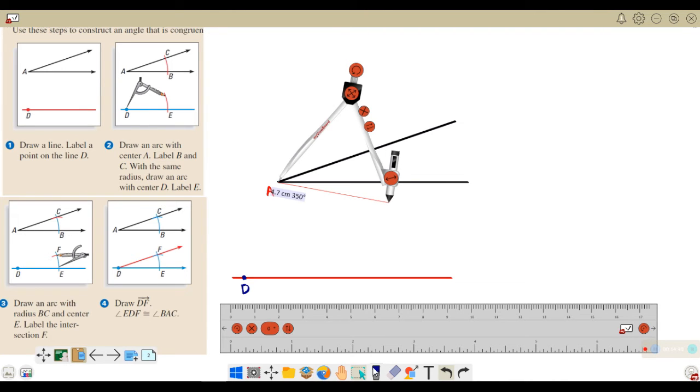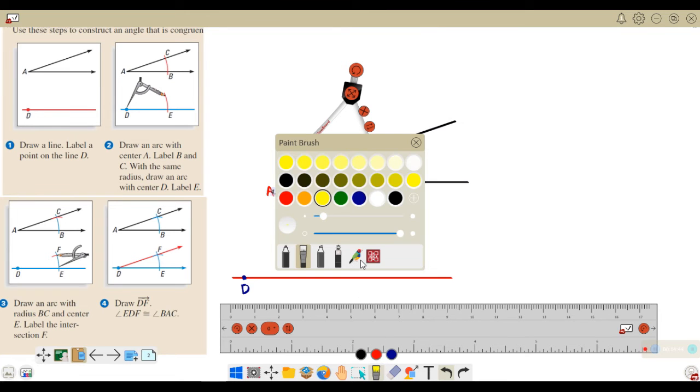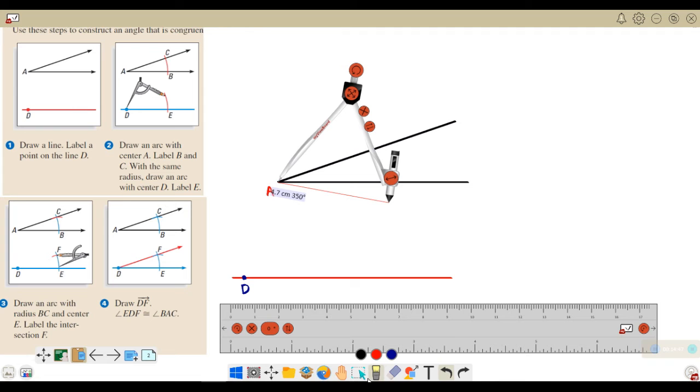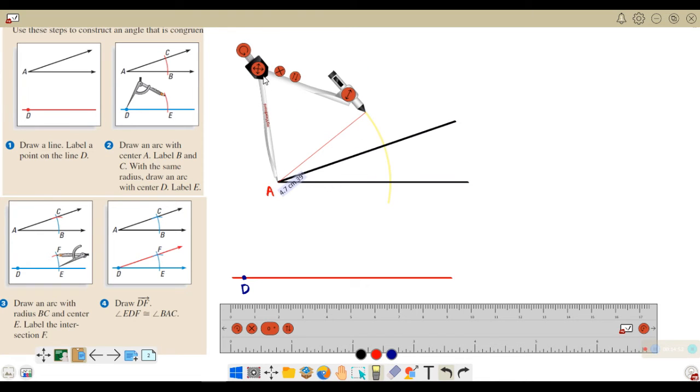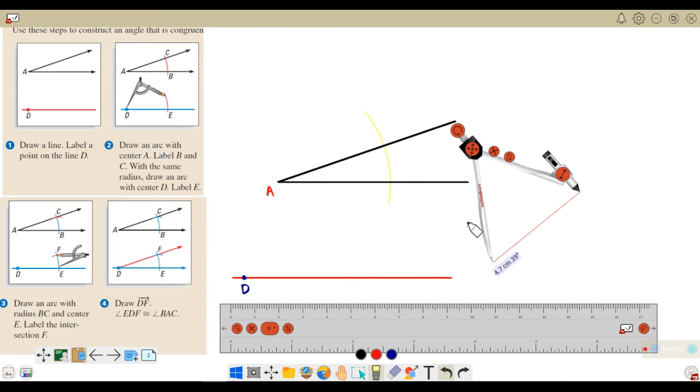So, draw tayo ng curve. Gawin natin siyang kulay yellow. Medyo faint lang. Ayan. So, meron tayo ditong magiging dalawang point. Tawagin natin silang point B and point C. Okay?